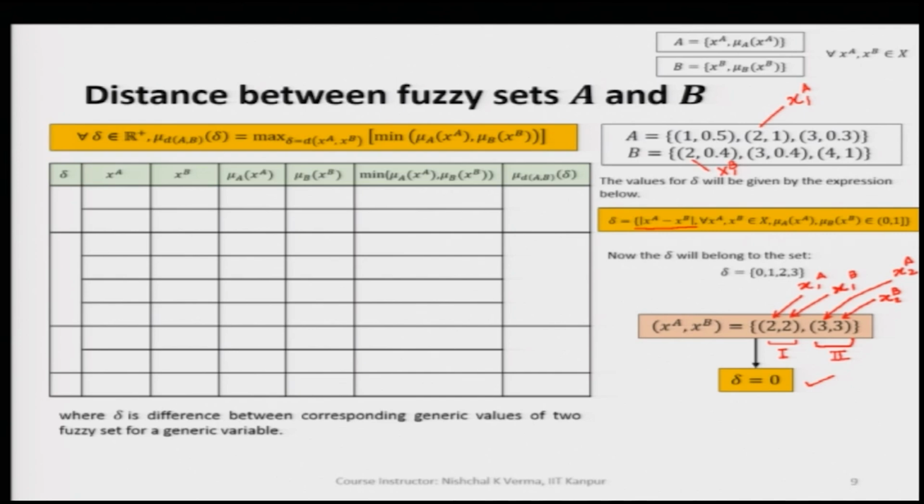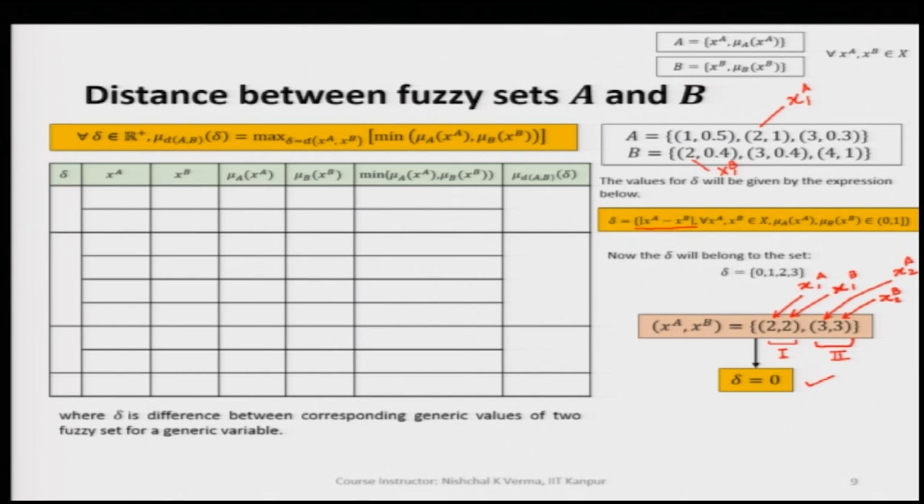When we start, the first and foremost step is to find delta equal to 0. In many cases, we may not have any such combinations for which delta is equal to 0.